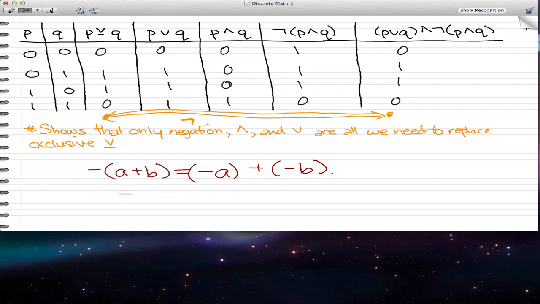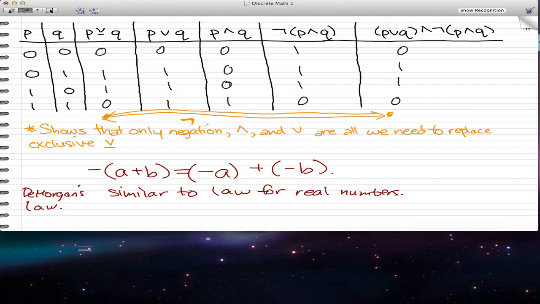So DeMorgan's law is similar to the law for real numbers.